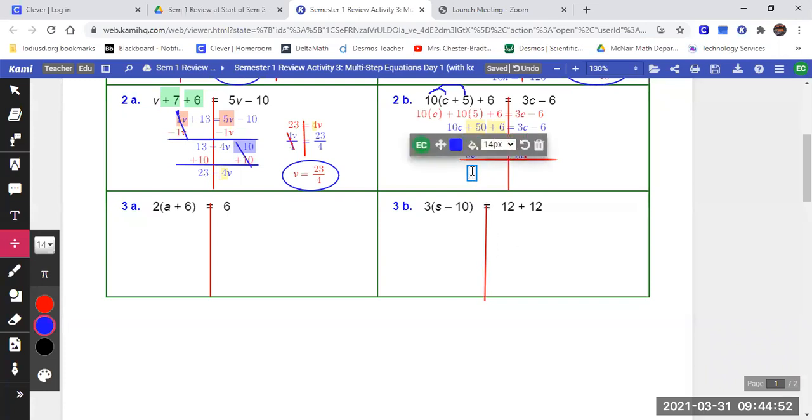Go do the math. What's the left-hand side going to say? Seven C plus 56? Yes, because 10 minus 3 is not 13.